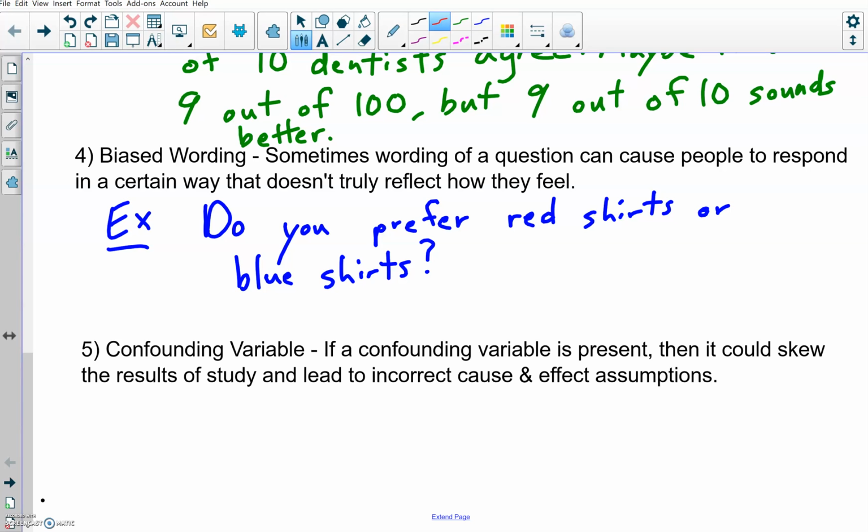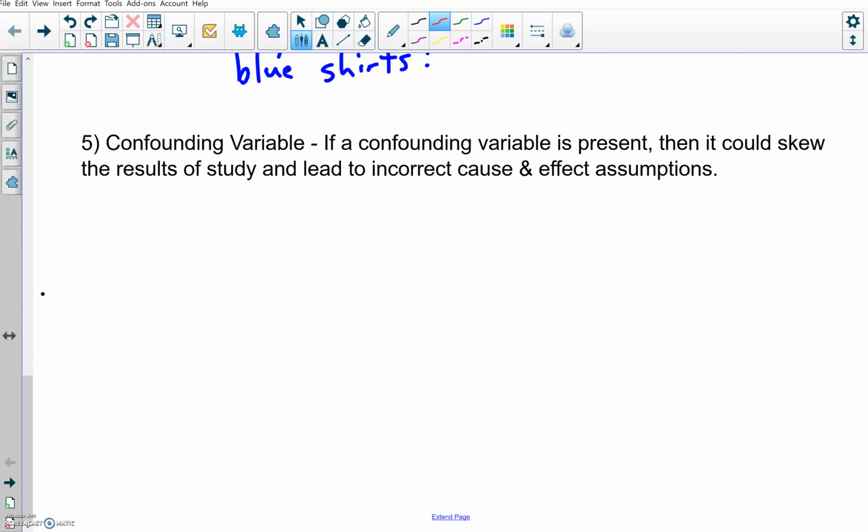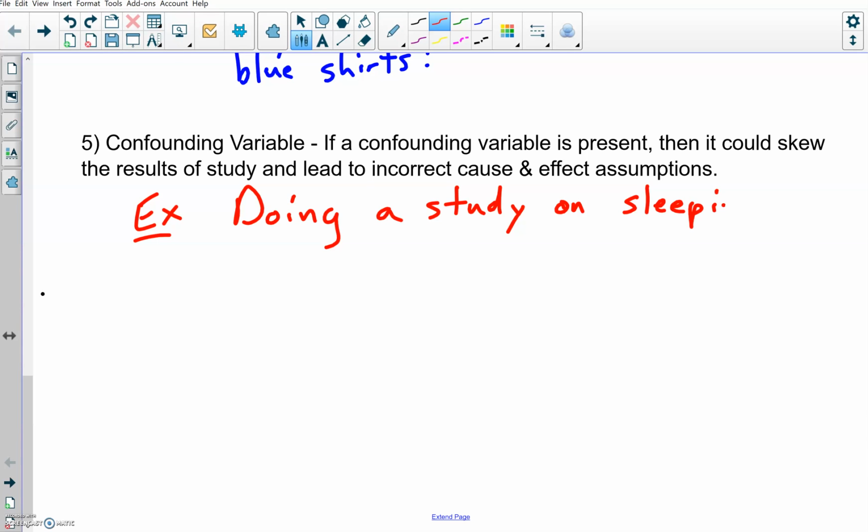And the last one, a confounding variable. If a confounding variable is present, it could skew the results of a study and lead to incorrect cause and effect assumptions. Let's say you're doing a study on sleeping habits and exam performance.